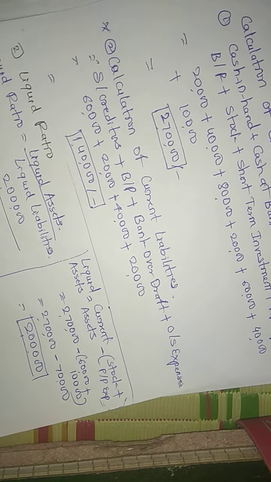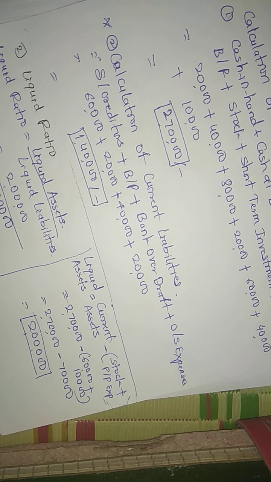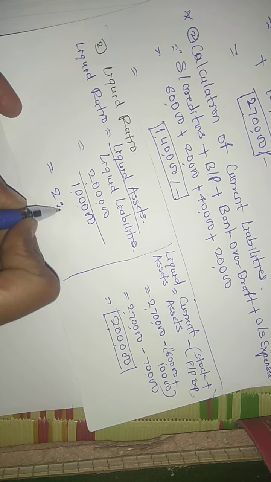Then 1,40,000 minus 40,000, we get 1 lakh as liquid liabilities. Okay, so here 1 lakh as liquid liabilities, and here we get the ratio, that is 2:1.